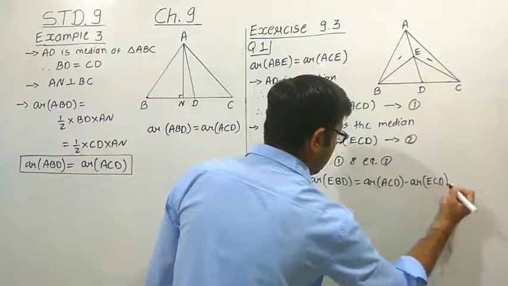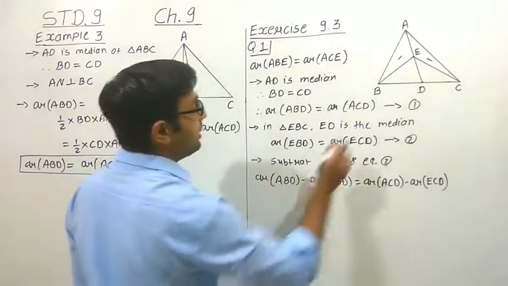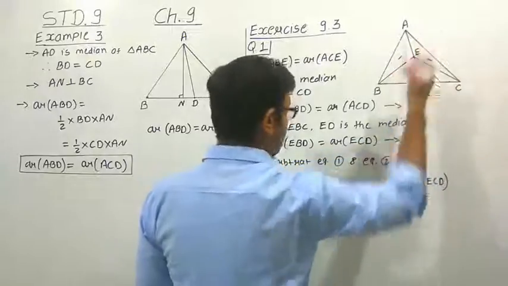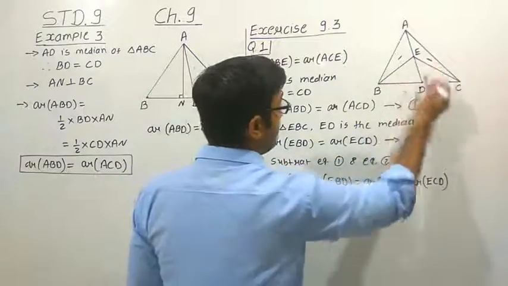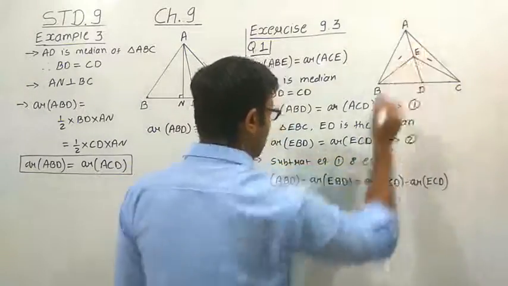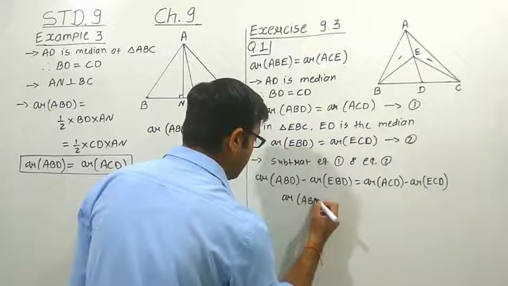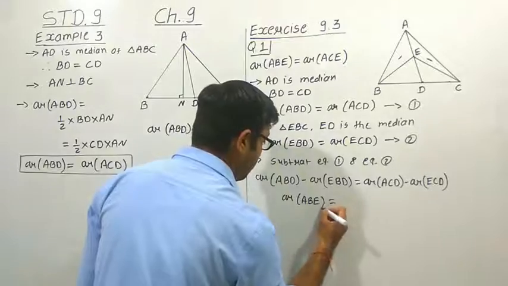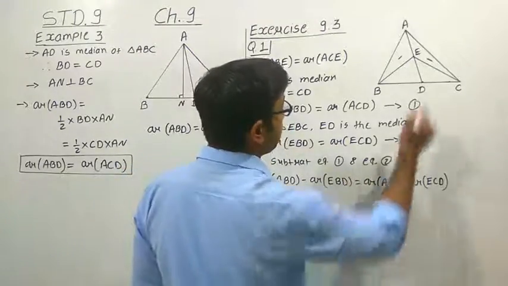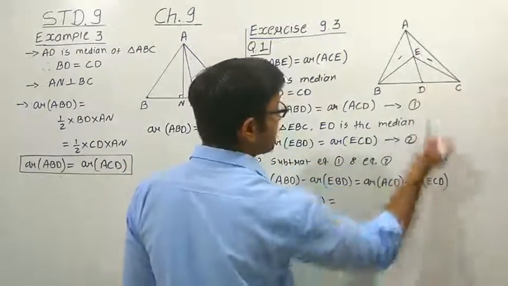Okay. Now see, area of ABD, that means this triangle ABD, we have to subtract the area of EBD. So the remaining part here is ABE. So area of ABE will become equal to, now here, ACD minus ECD.